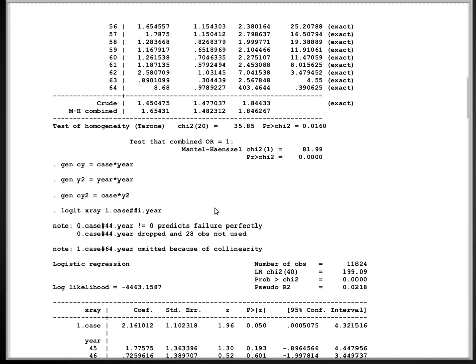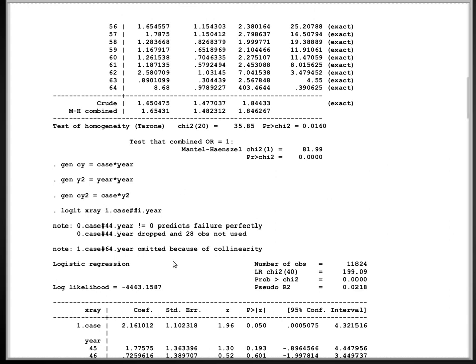However, you'll recall that we did have the issue of a zero cell in the year 1944. So that means that Stata takes some remedial steps here and drops a particular variable because of that zero cell.